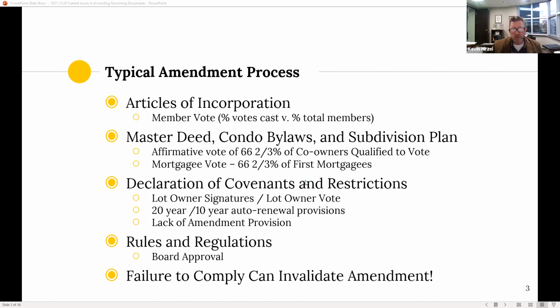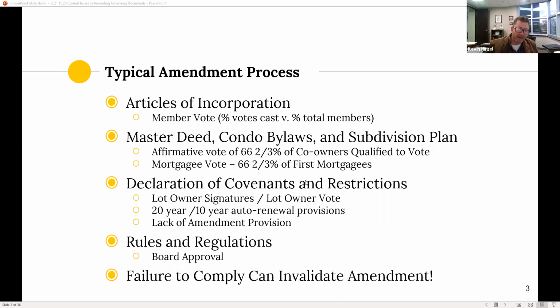Sometimes it requires lot owner signatures. Sometimes it requires a majority. Sometimes it requires 2/3 or 75%. We've even seen some documents that can be amended by 1/3 of all lot owners. So it really depends on what was put in, and you do need to pay particular attention to the requirements of the vote, the requirements to amend the documents, usually tucked in at the end.